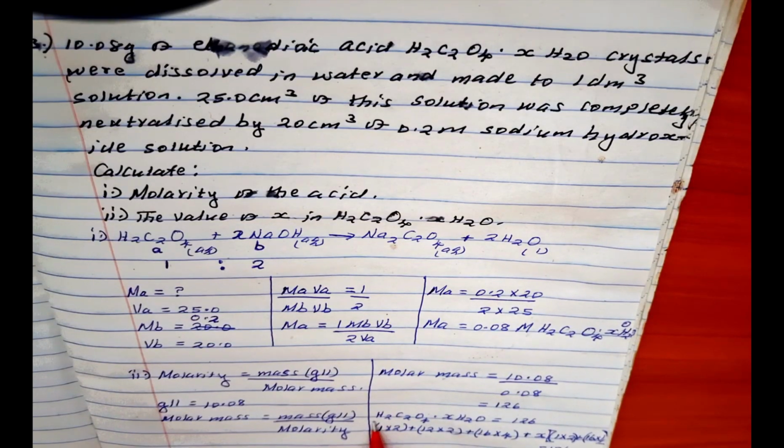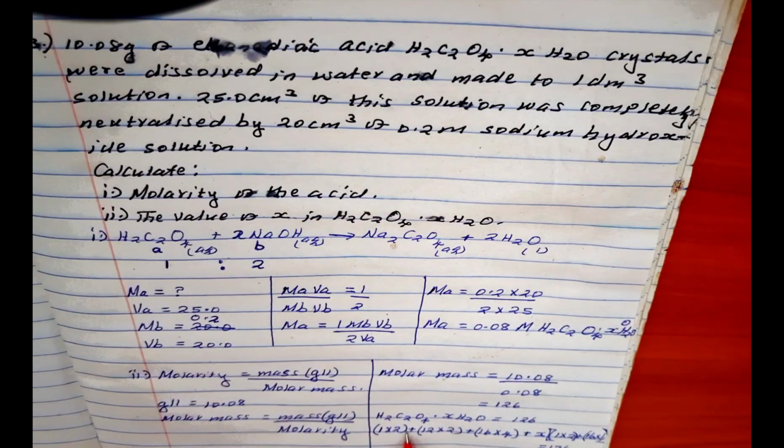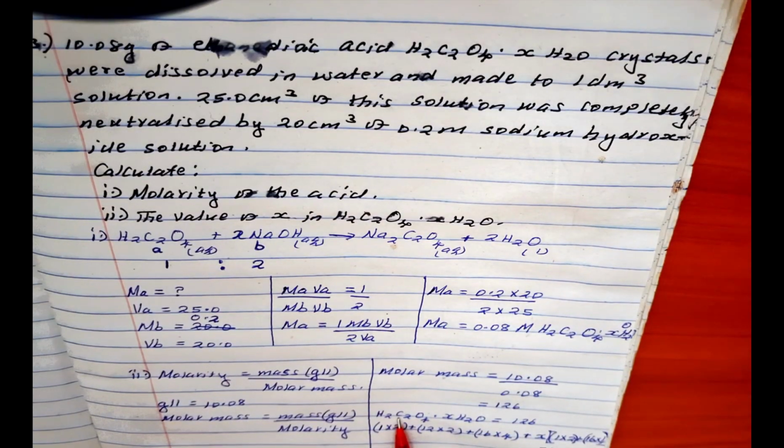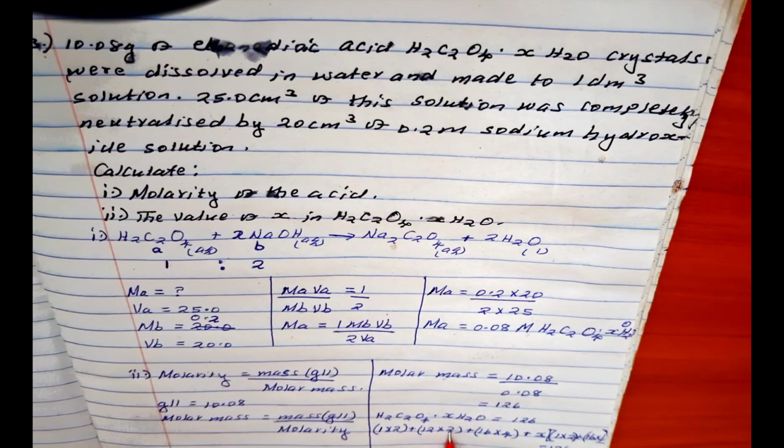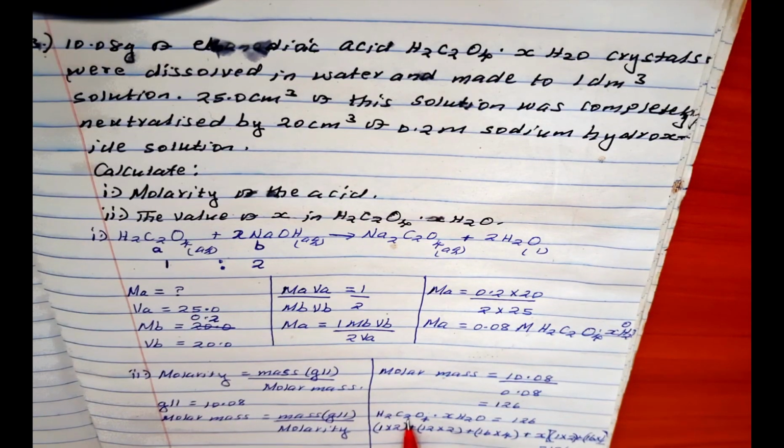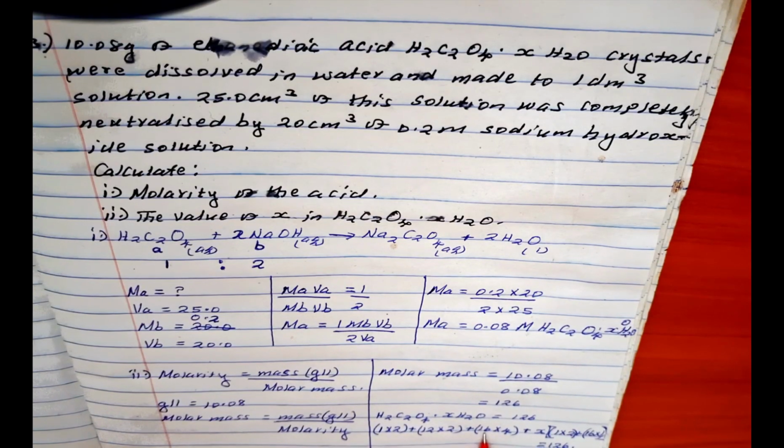We add 12, the relative atomic mass of carbon, times 2, the number of carbon atoms in the formula. We add again 16, the relative atomic mass of oxygen, times 4. This 4 is the number of oxygen atoms in the formula.